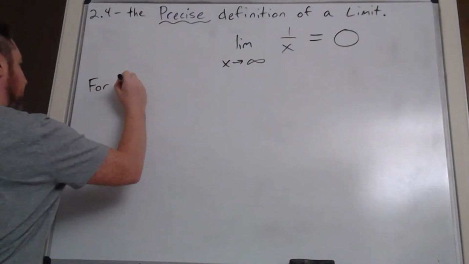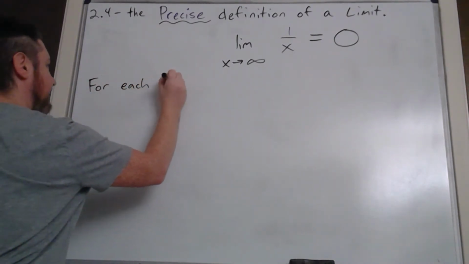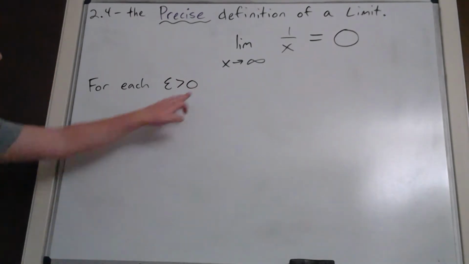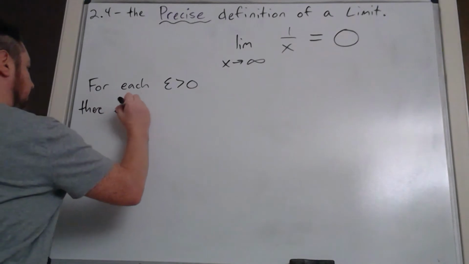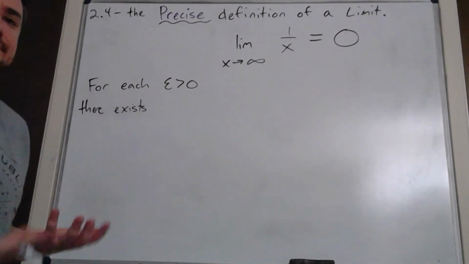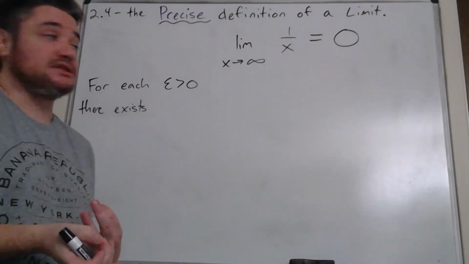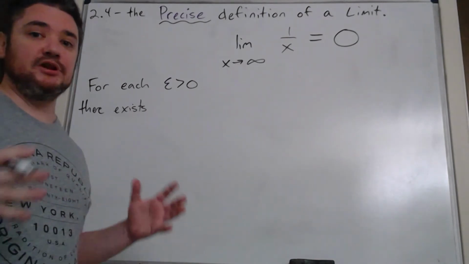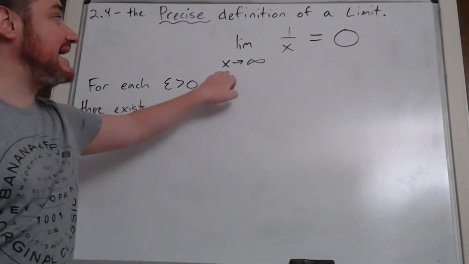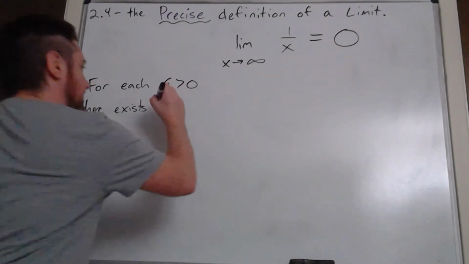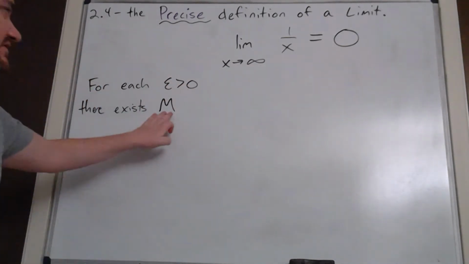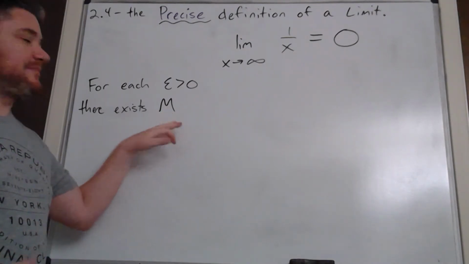So for any epsilon, small positive number, there exists, instead of choosing another small positive number, delta this time, I'm going to choose a really, really big number. I'm going to choose a big positive number because x is approaching infinity. So I'm going to say there exists some capital M, right? I've seen some books use a capital M, some books use a capital N.